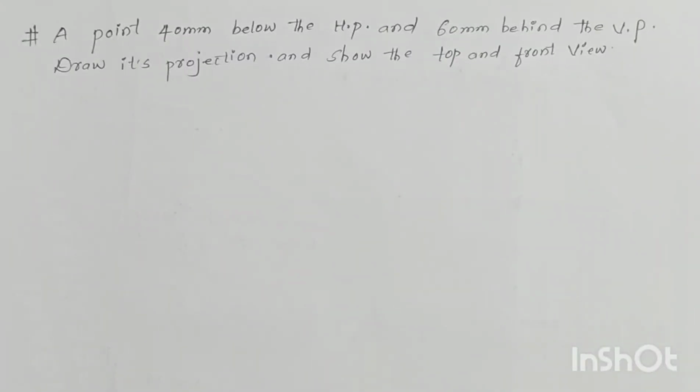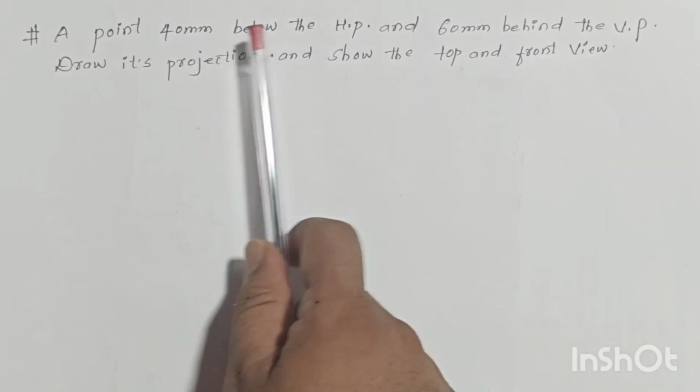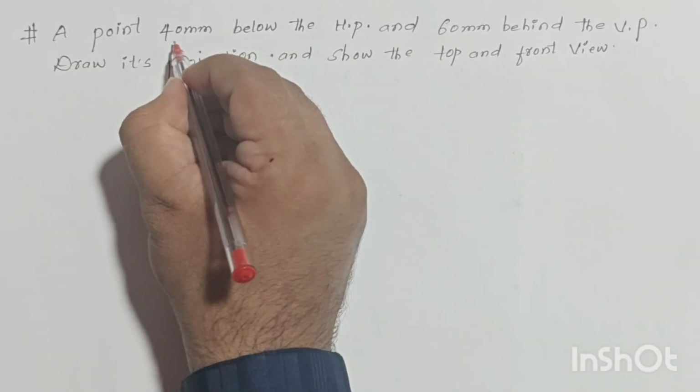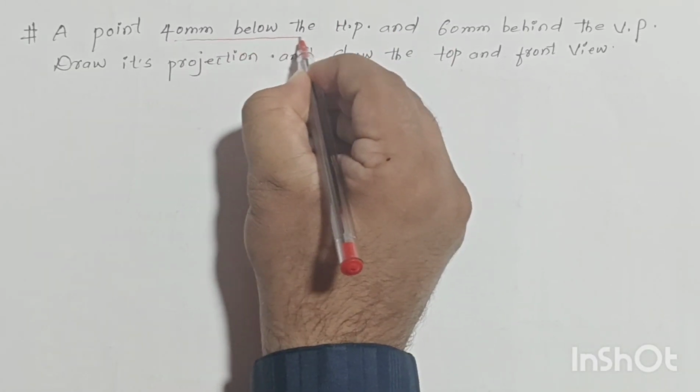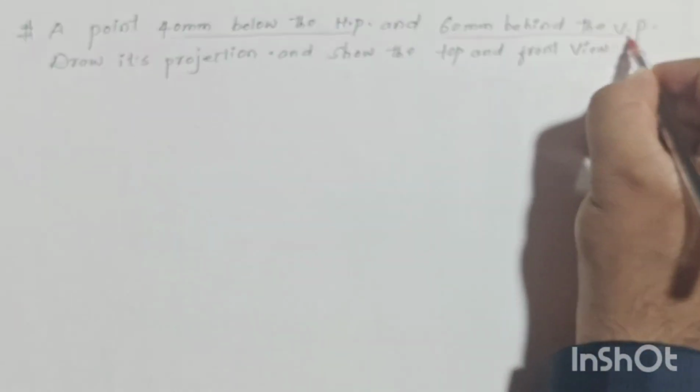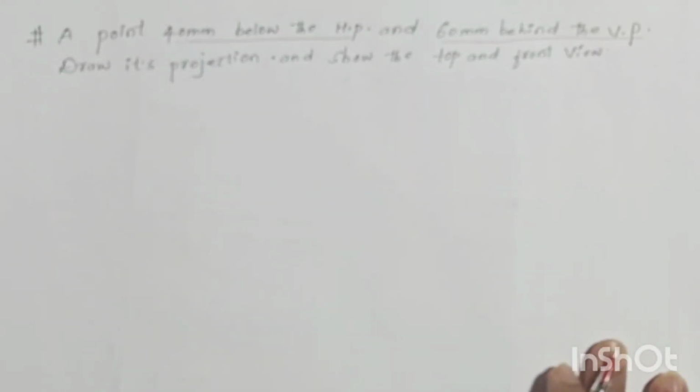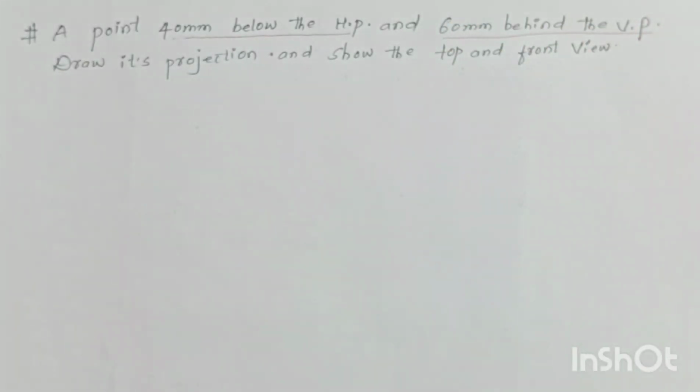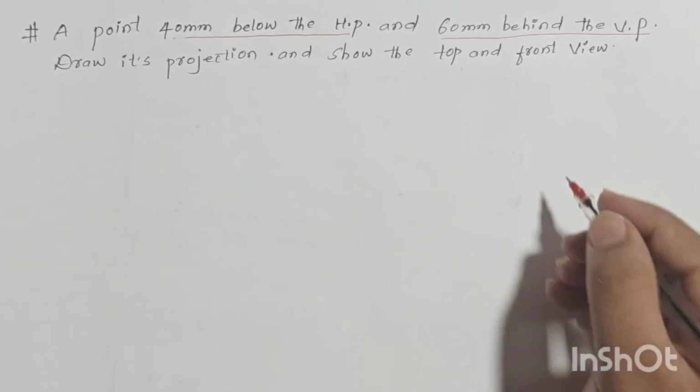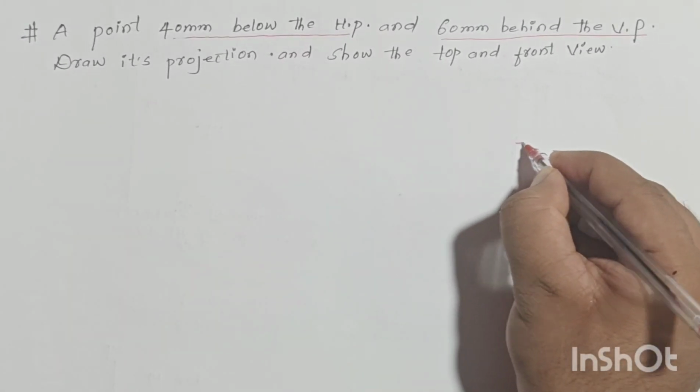So let us see. 40 mm below the HP and behind the VP. It lies in which quadrant here? It lies in the third quadrant. We know the concept of the third quadrant formula.